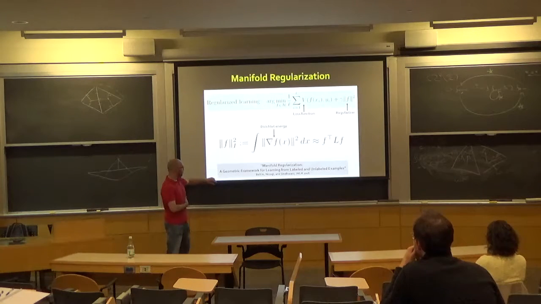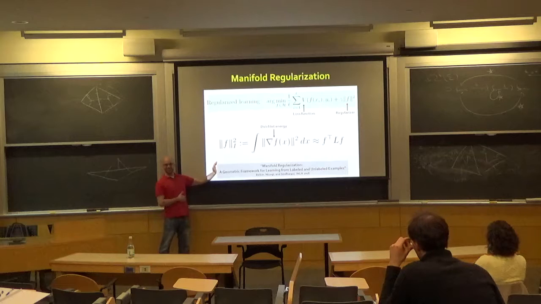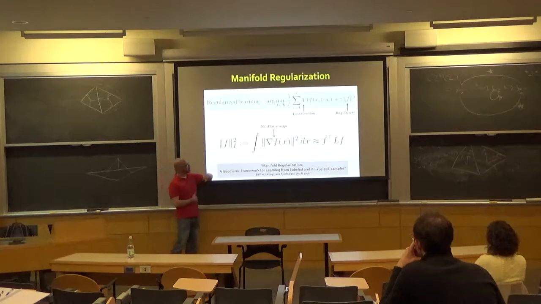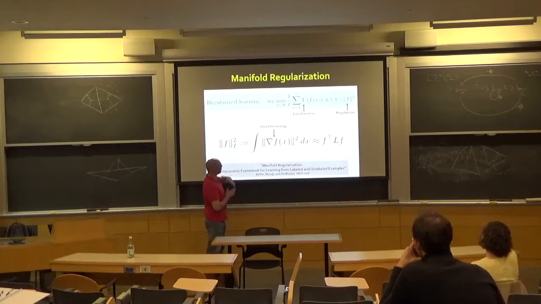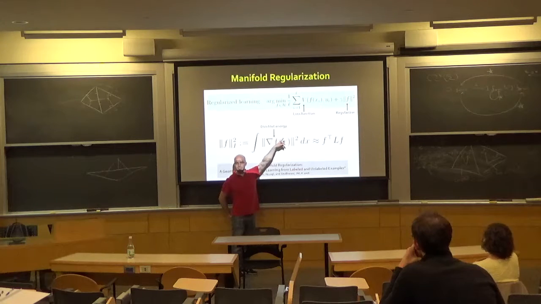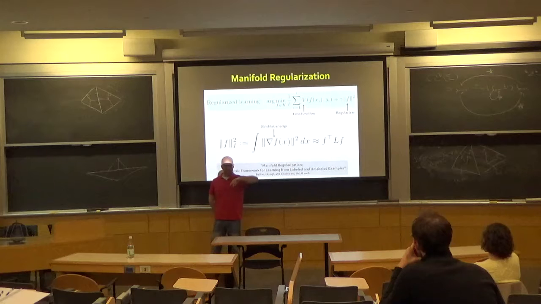Well, the idea of manifold regularization is a really elegant idea. We say, okay, well, what do I want? Well, I want my function from images to labels to not only reproduce the data that I have, that's its first term, but also to be smooth. But I don't want it to just be smooth on the set of all possible inputs xi. I only really care about it being smooth on the set of images.